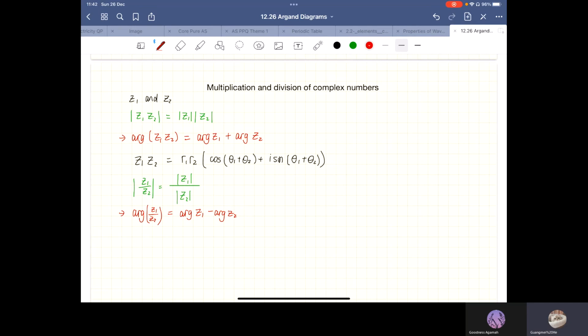One last thing. z1 over z2 is equal to r1 over r2 times cos theta 1 minus theta 2 plus i sine theta 1 minus theta 2.